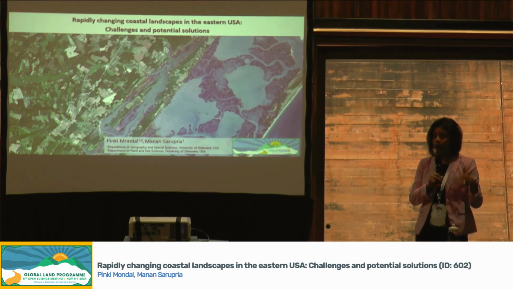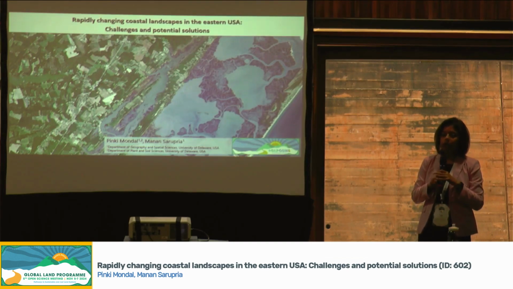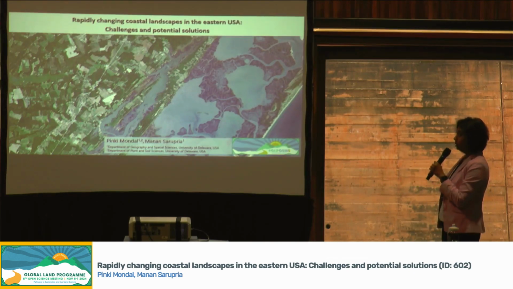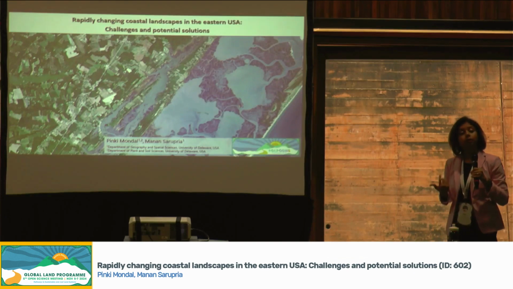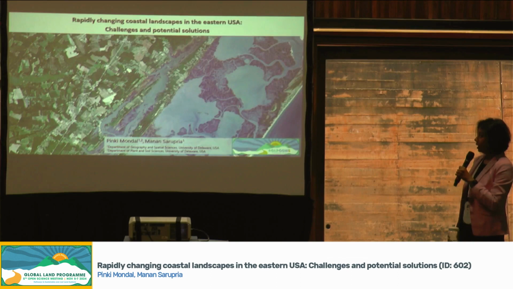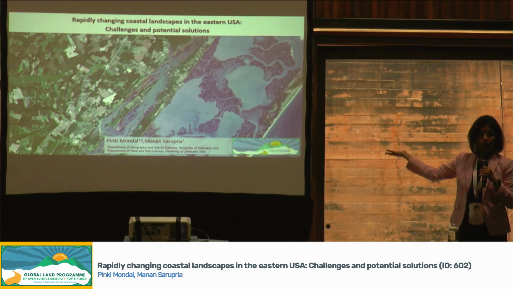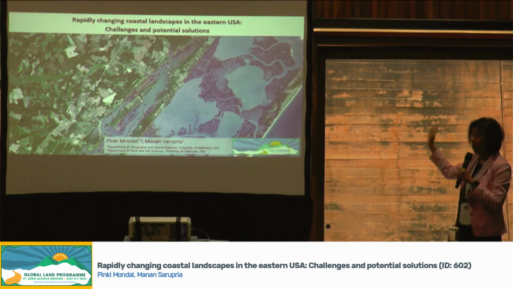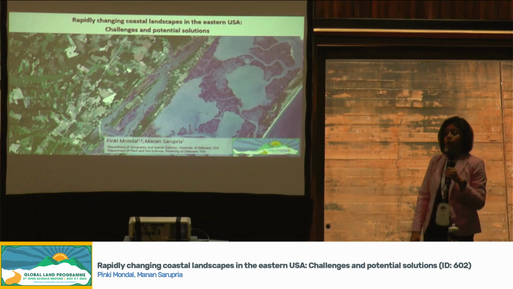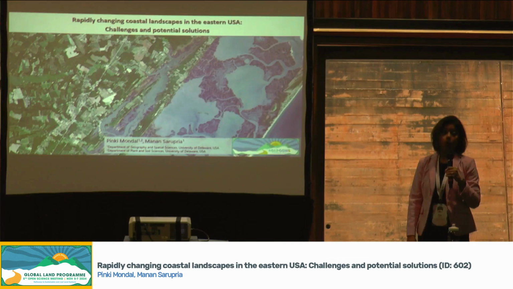You get a little bit of an idea what the coastal landscape looks like from a satellite point of view. As you can see, there's open ocean, and then you have marshland, and you do have a lot of agricultural lands, mostly soybean and corn.